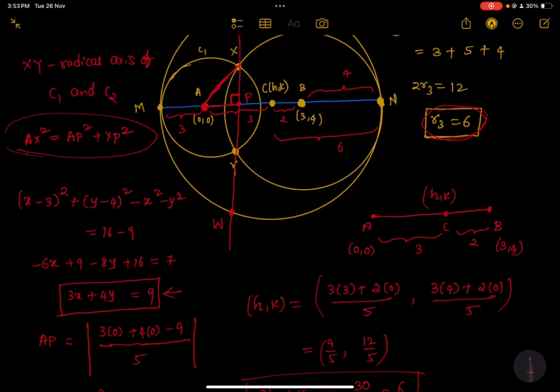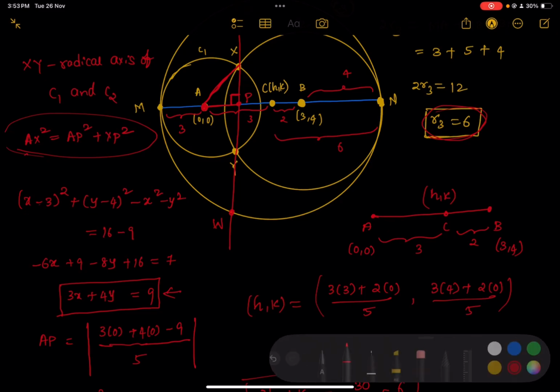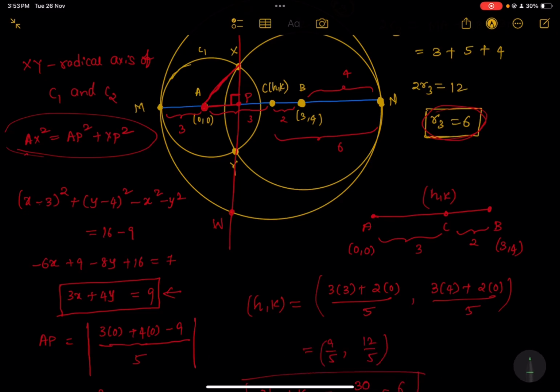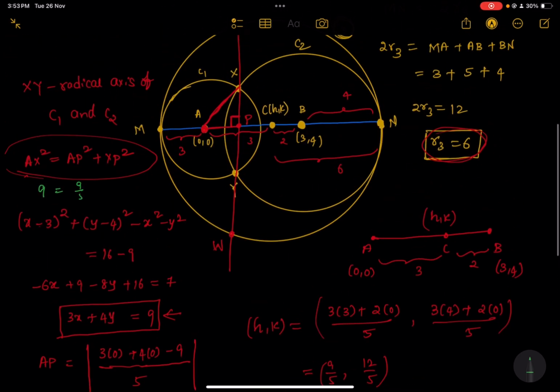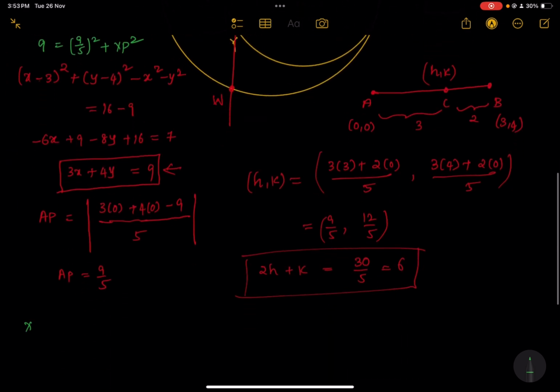So we can go back to this Pythagoras theorem. AX square is simply the radius of the smaller circle, so that is 3 square, 9, is equal to AP square. AP is 9 by 5 here. So this is (9 by 5) whole square plus XP square. So now from this, XP square is equal to 9 minus 81 by 25.